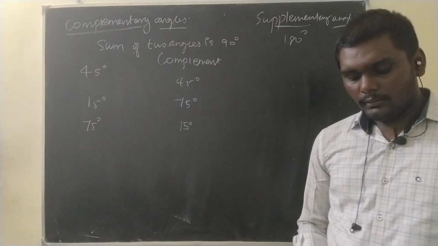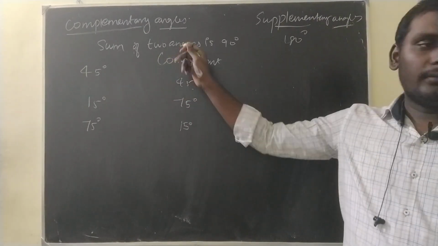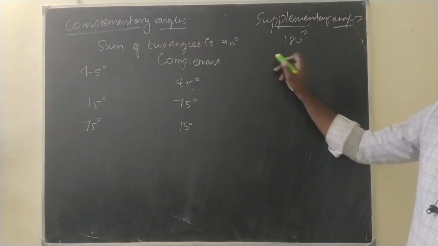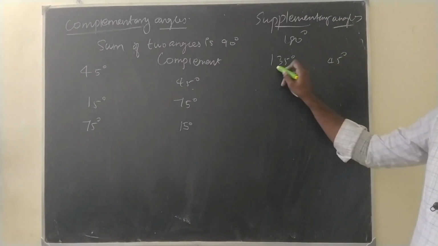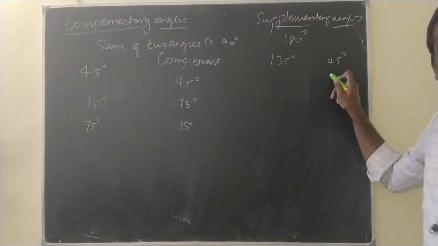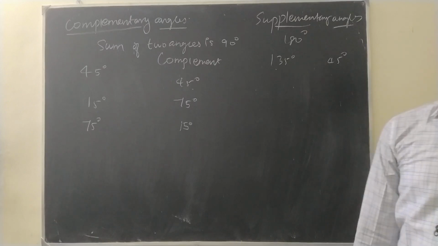Okay. Here, for example, with 135 degrees and 45 degrees, this 135 is the supplement of 45 and this 45 is the supplement of 135.